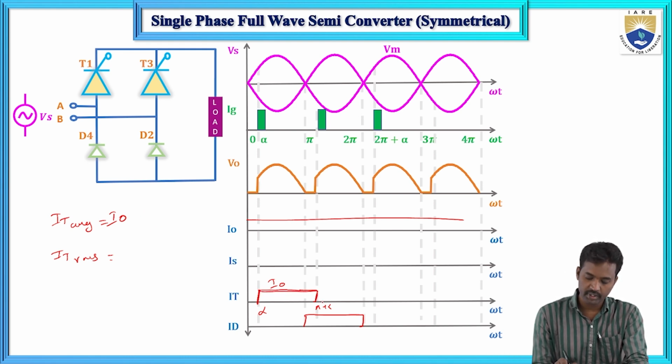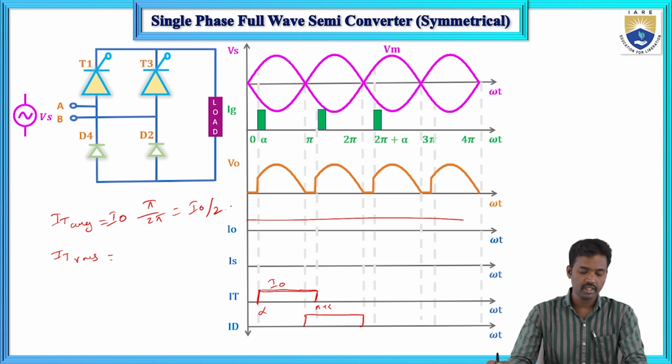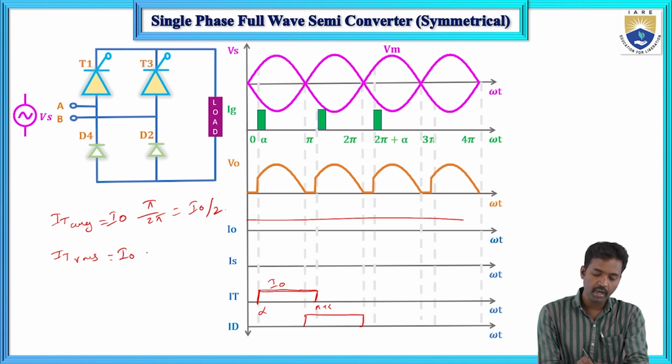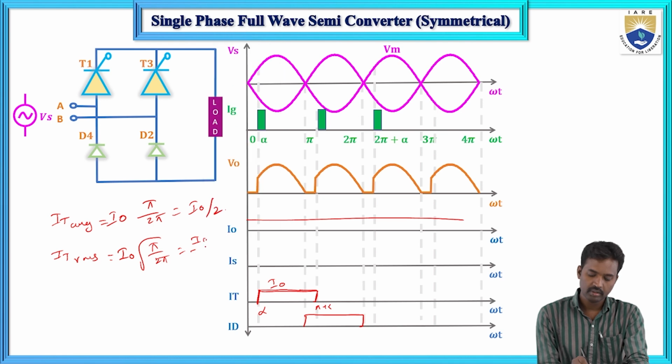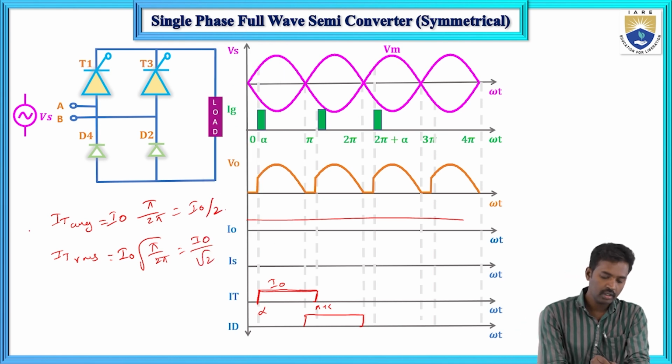This is pi duration it will conduct. So pi by 2 pi, that equals I naught by 2. In the same fashion, I naught into square root of pi by 2 pi, that equals I naught by root 2. So this is the fifth one and sixth one.